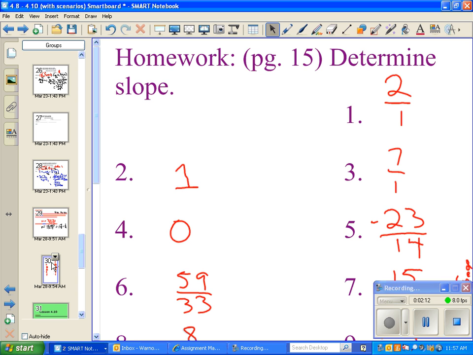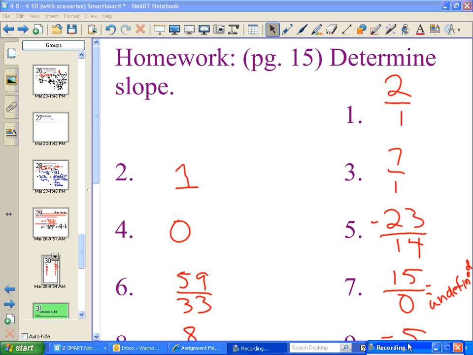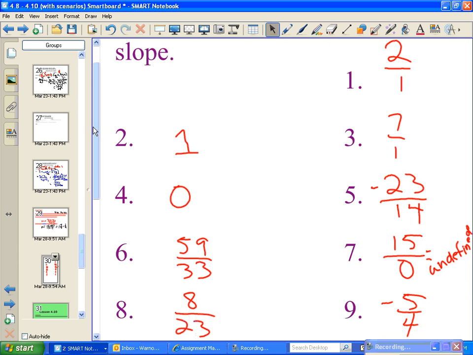All right, homework. Okay, going over your homework answers, page 15. Okay, you were trying to find the slope. Make sure they are reduced down. For number 7, for right now, keep your answer as 15 divided by 0.